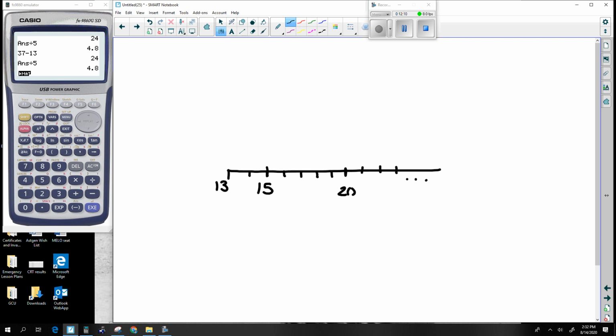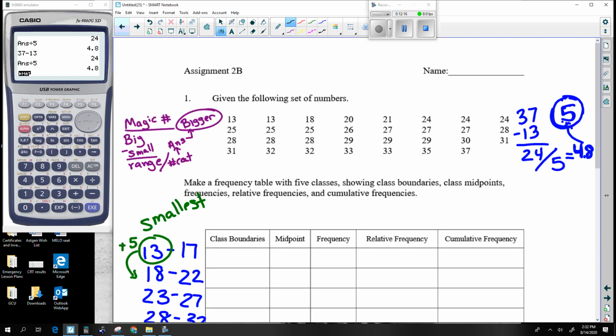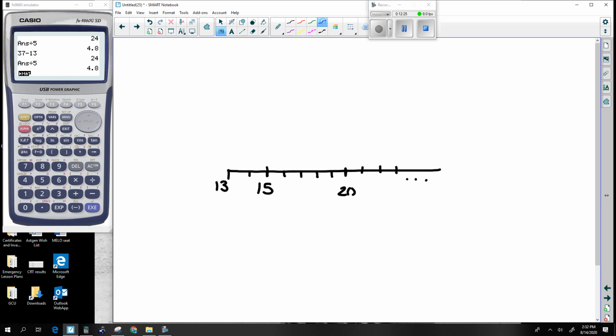In our histogram, notice that our very first boundary begins at 13 and ends at 17. This would be our first boundary.